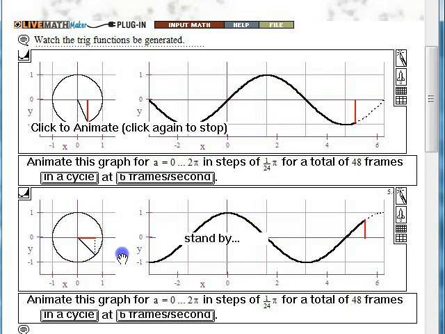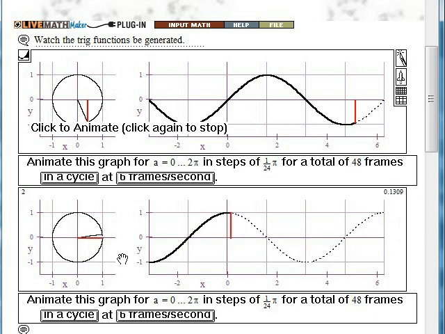As we click here and let it animate, we can see that the x-coordinate keeps getting bigger and smaller. There it is down at negative. Now the x-coordinate is positive, up as high as positive 1, down to 0. The x-coordinate is negative 1, back to 0, and up to positive 1. And as that angle keeps going around and around, the cosine keeps going back and forth between 1 and minus 1.